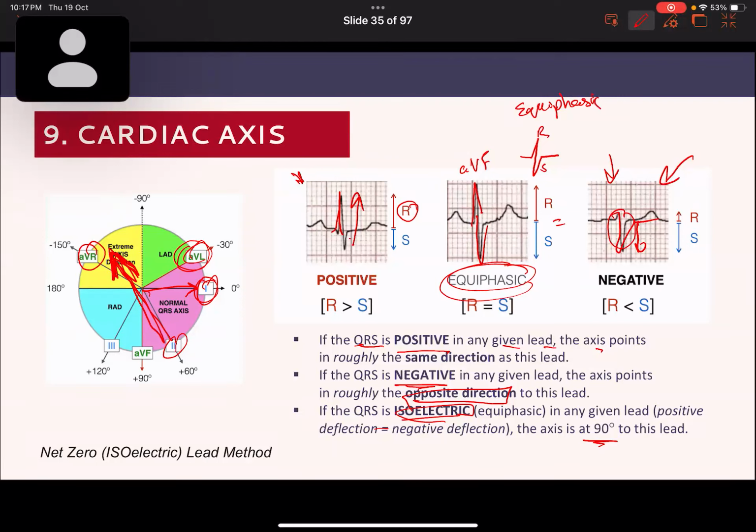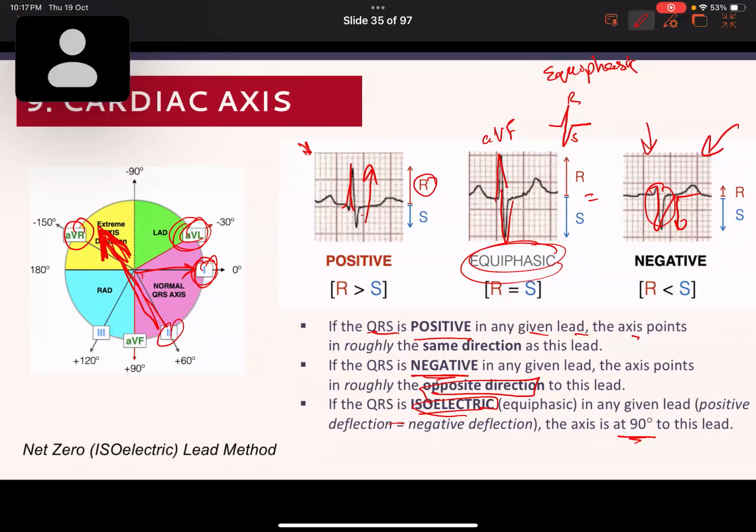Now the next thing, how do we figure out the cardiac axis from this? So we said if it's equiphasic, then the cardiac axis is going to be perpendicular. We said AVF is equiphasic. So what's perpendicular to AVF? It's lead 1. So the cardiac axis is going to be facing lead 1.